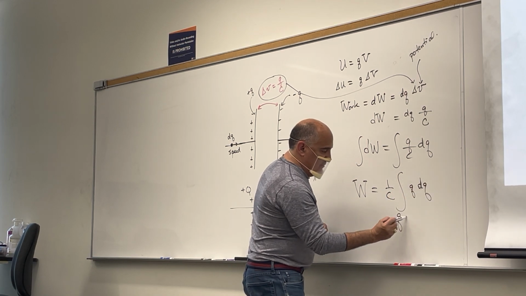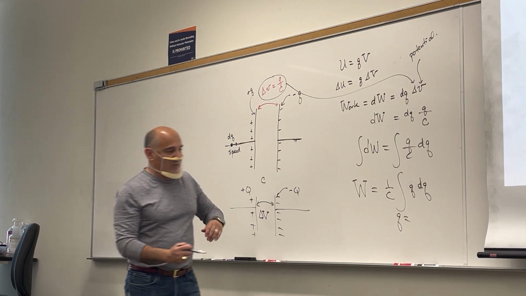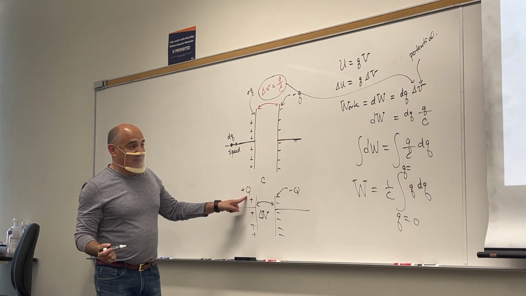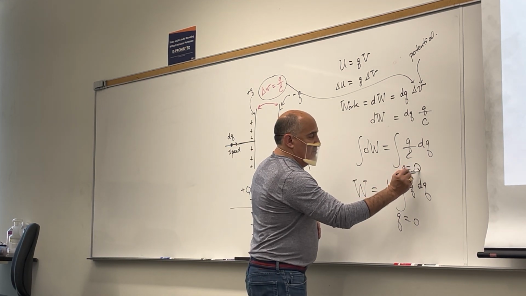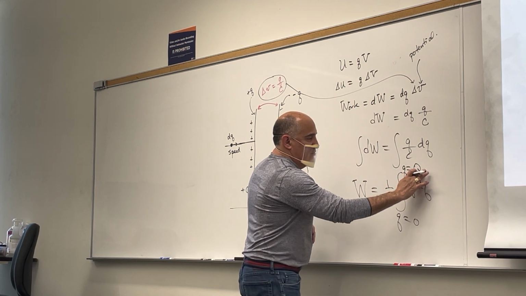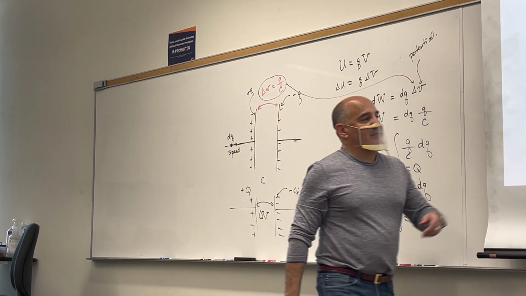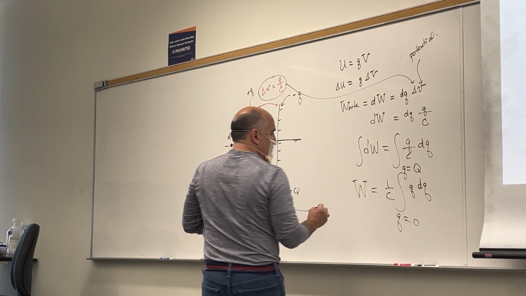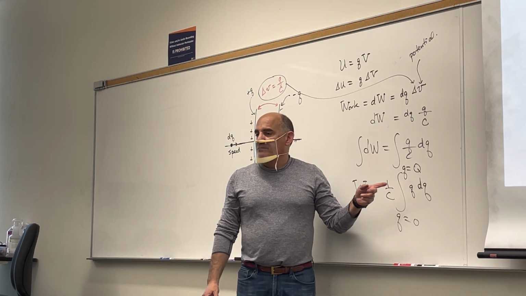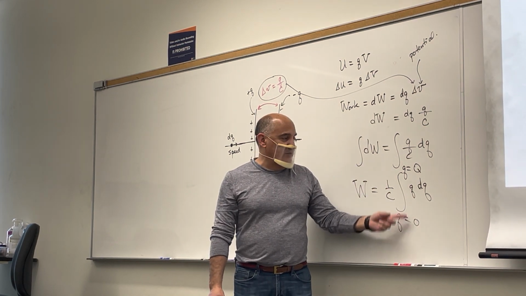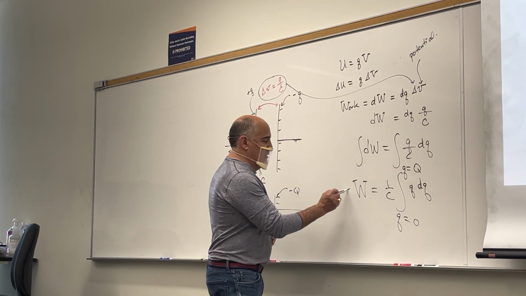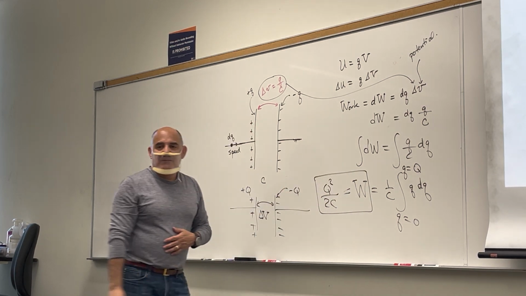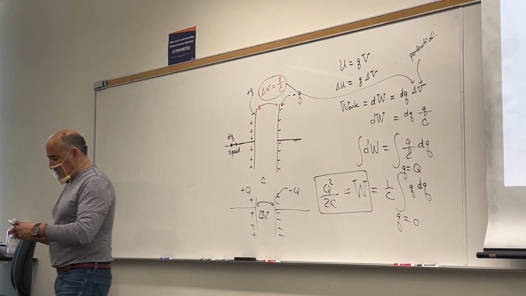Now, if I start with the capacitor initially uncharged and end up with a capacitor fully charged, which I'll call capital Q, then what you get is Q squared over 2C. What is the integral of Q dq? Q squared over 2. And if you evaluate that from 0 to capital Q, it'll be Q squared over 2C. So then you get this. This is the energy stored in the capacitor. It's the work that has to be done to charge it.